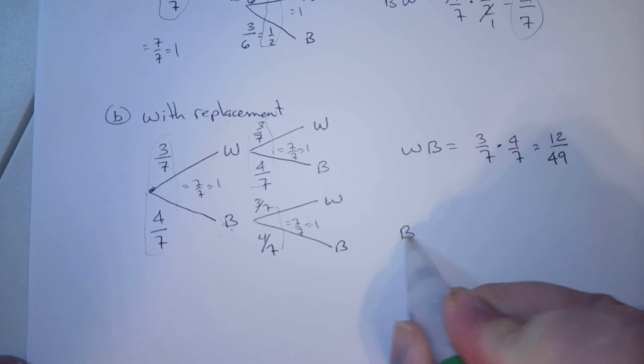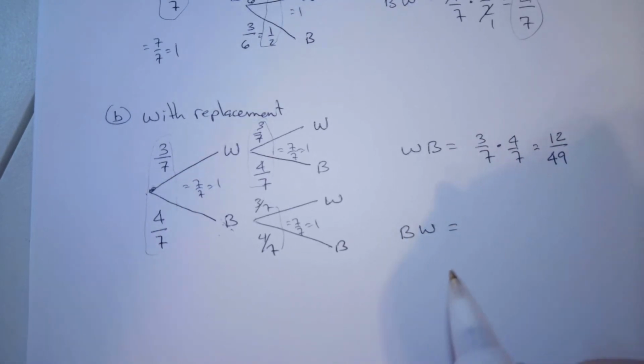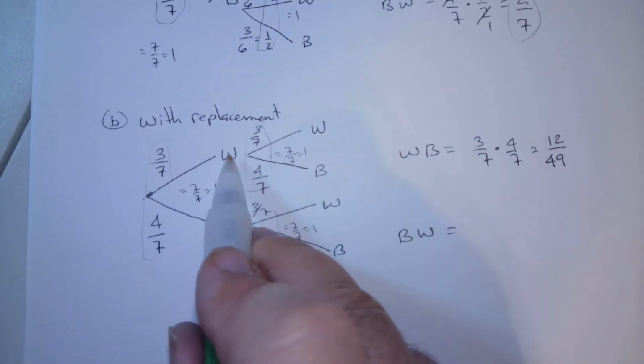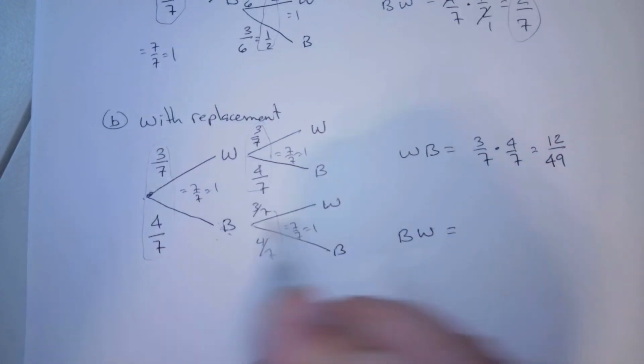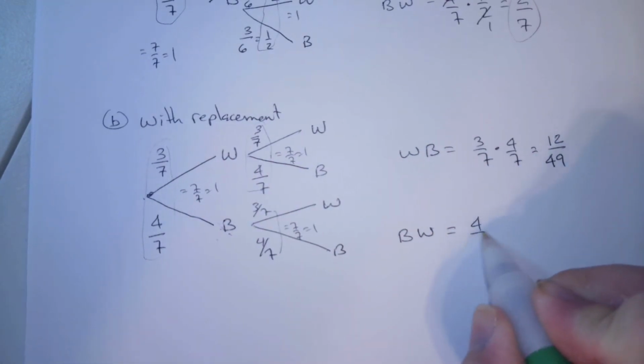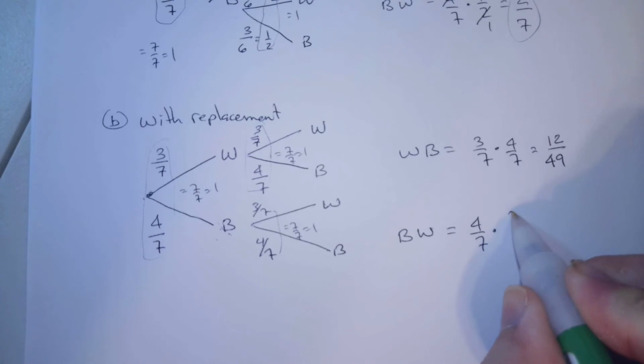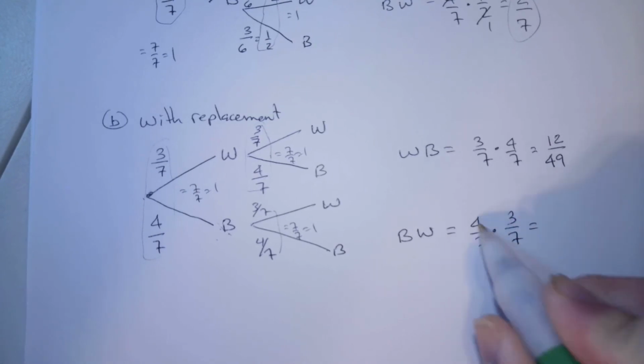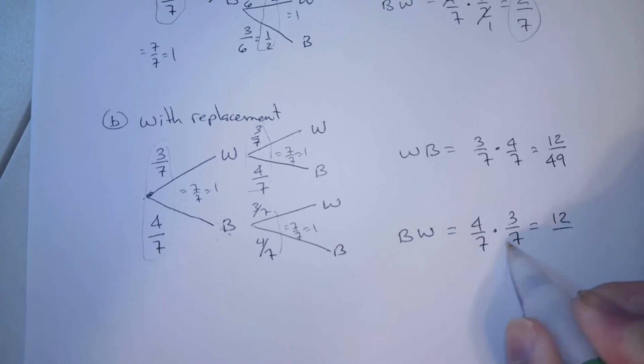If we go black, white, as long as they're different. The first one's black, second one's white. First one's white, second one's black. So this one is 4 over 7 times 3 over 7. Nothing cancels, so multiply. 4 times 3 is 12. 7 times 7 is 49.